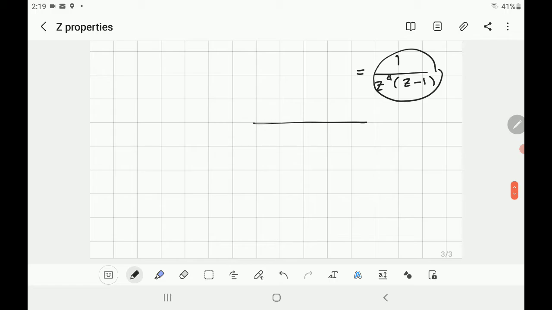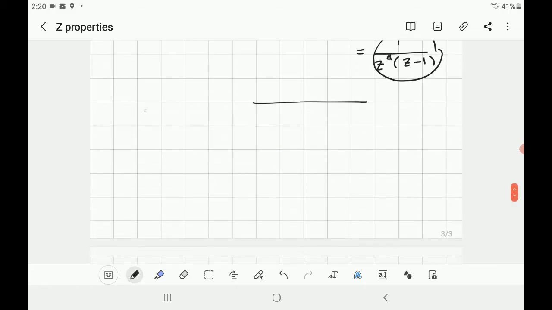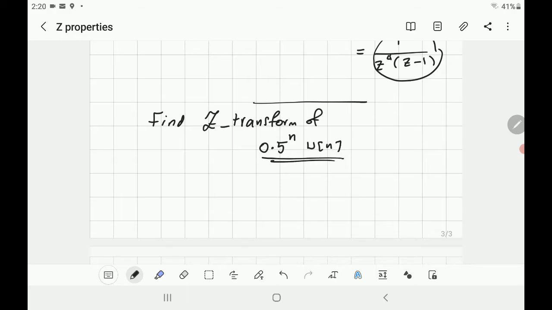Let's take another one. What about if we are multiplying a function by a number to the power n, an exponent, like: find the z-transform of 0.5 to the power n u of n.